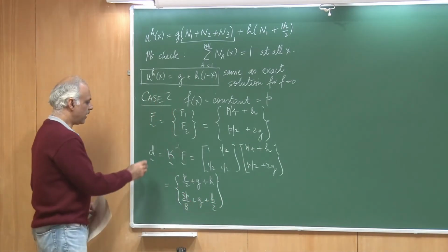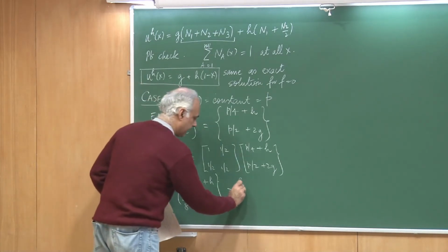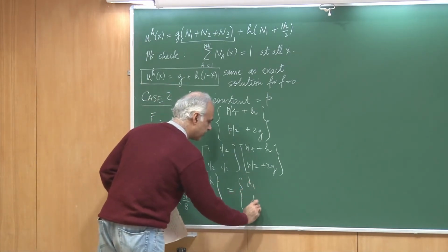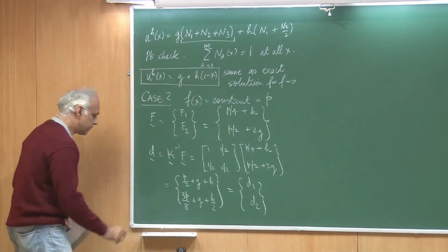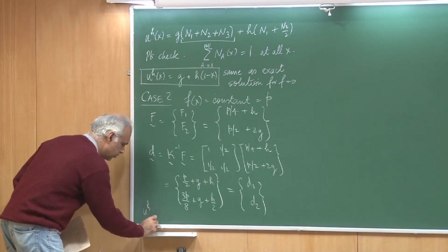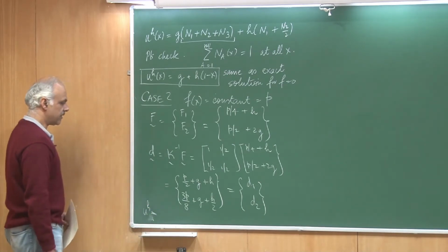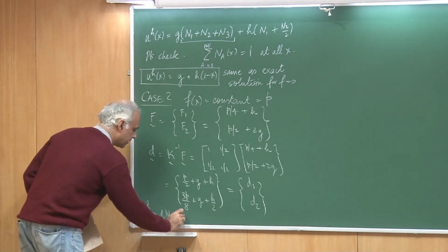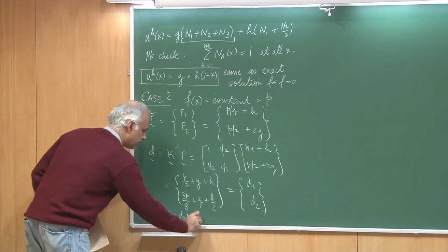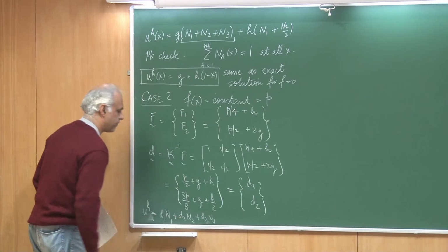Once we know these values of d1 and d2, so let me remind you, these are the values of d1 and d2, and now we can estimate what is UH, which is the solution, and that's simply given as d1 n1 plus d2 n2 plus d3 n3.